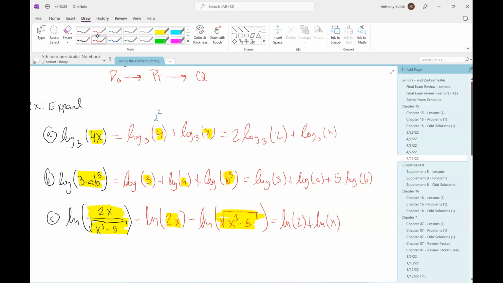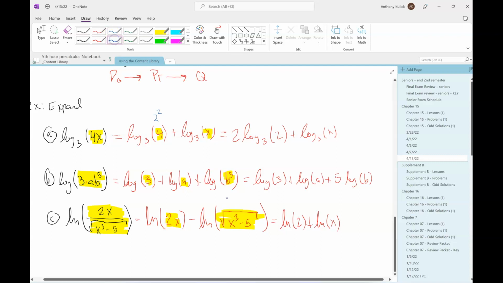Quotient property. Product property. Power property. Okay, what's the power? 3 is not correct. The power is 1/2. Yeah, remember that a square root is the same thing as a 1/2 power?